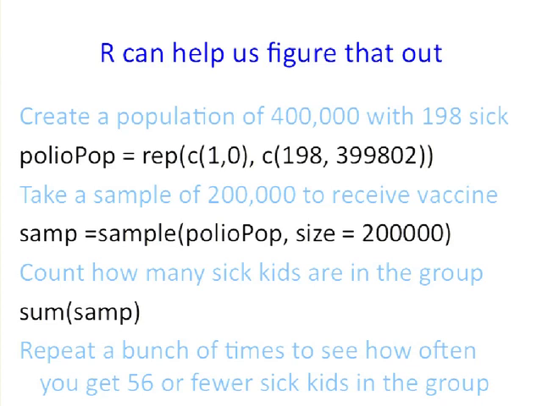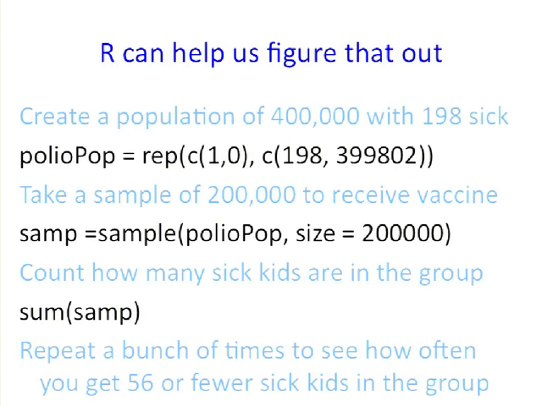There's 400,000 children that are going to be divided into two groups of size 200,000 each. And what I'm arguing is that they would have gotten polio anyway. So essentially, I know that in this group of 400,000, 198 of them got polio and the others did not. So I can take a sample with a sample function in R. Sample from the group called polio pop, sample 200,000.